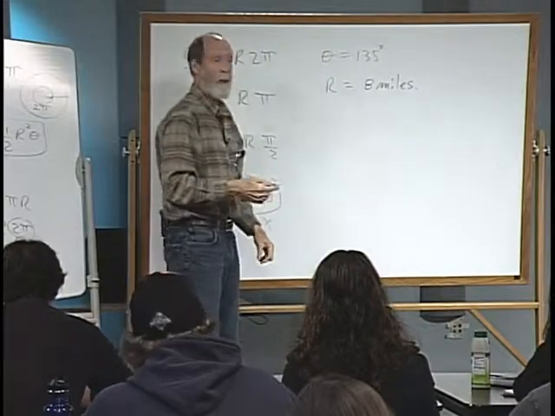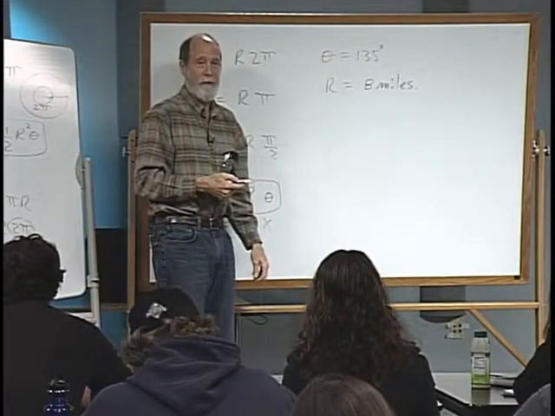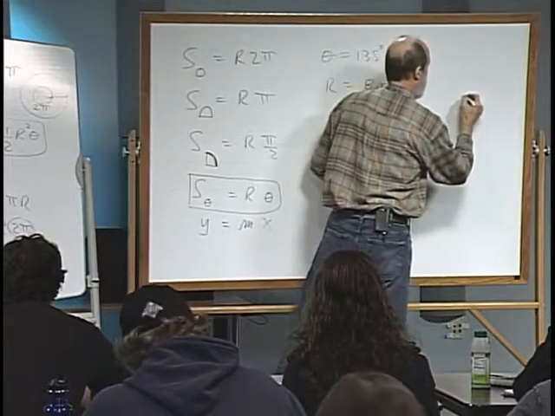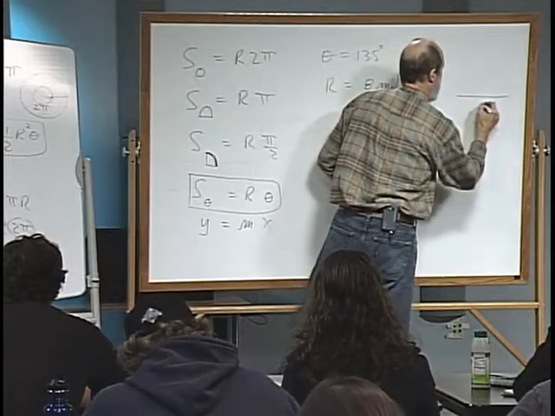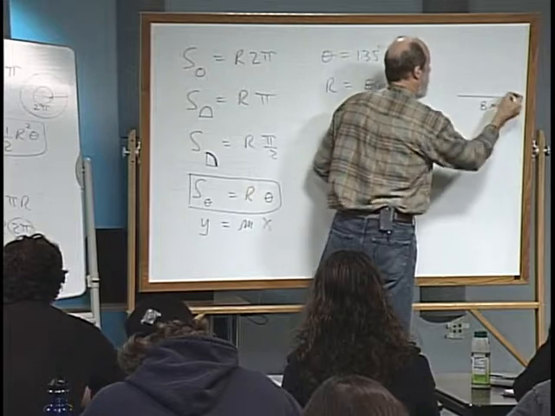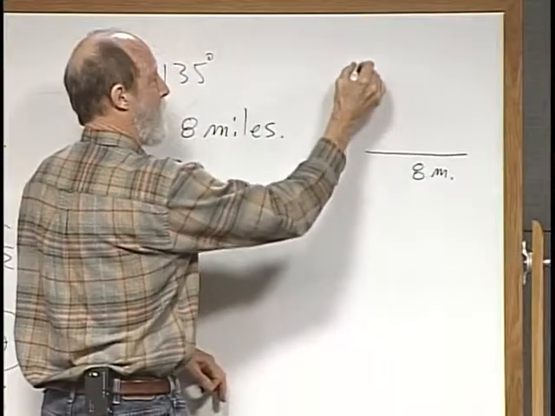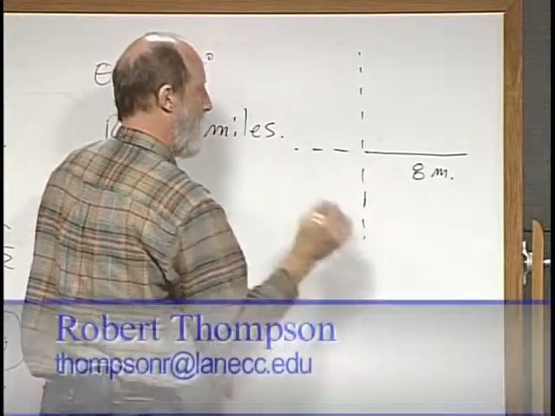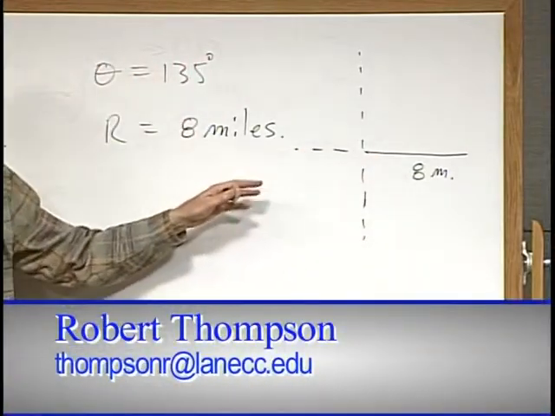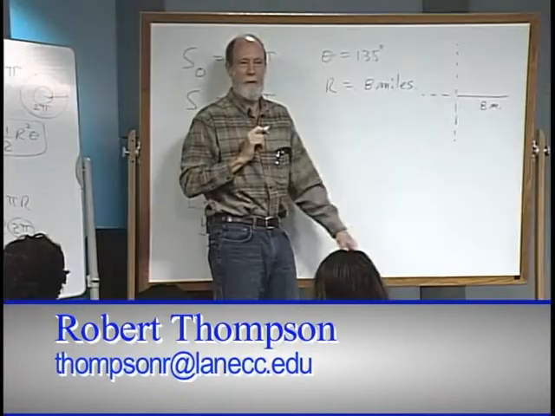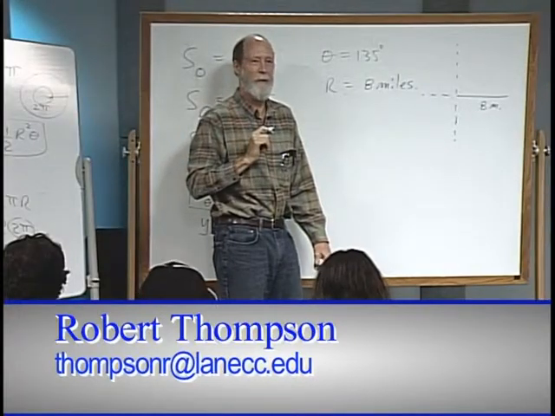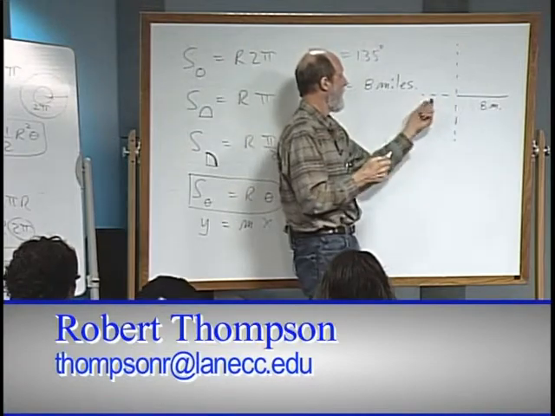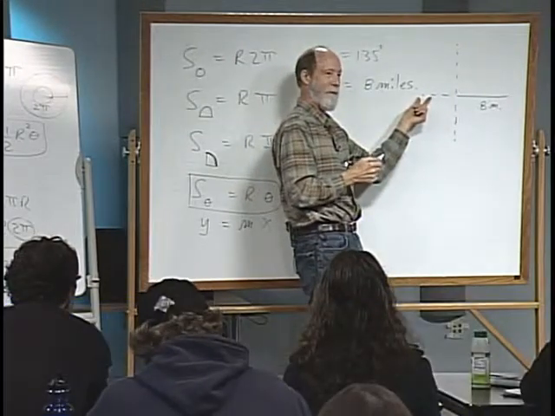Now, that's going to be one big circular arc, isn't it? 8-mile radius, and I'm going to draw a picture. So here's my 8-mile radius. And Tim suggested 135 degrees. I like that, Tim, because that's one of our 16 angles we talked about the other day. 135 degrees is 45 degrees less than 180 degrees, right?